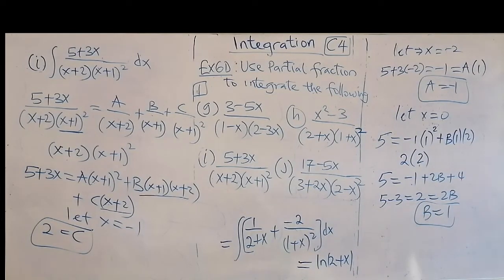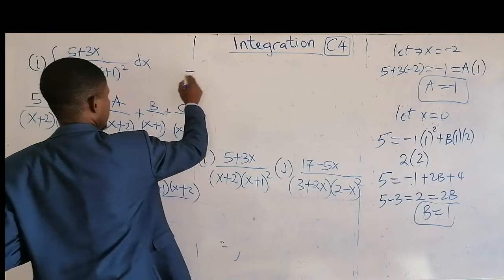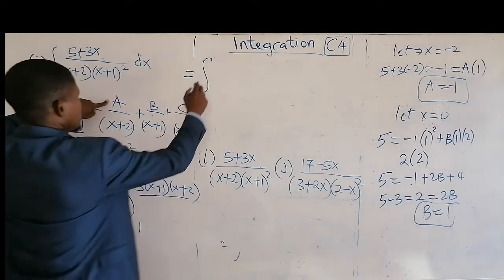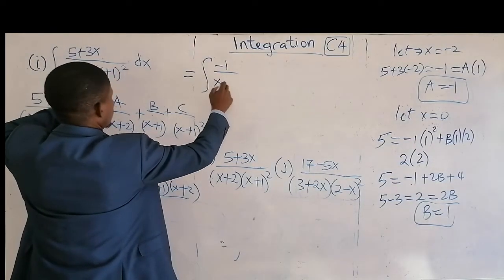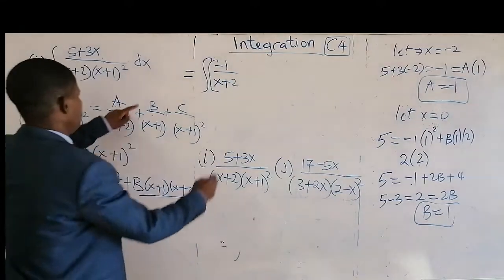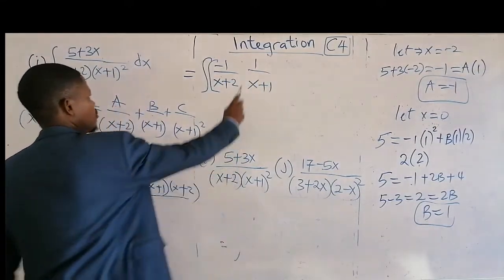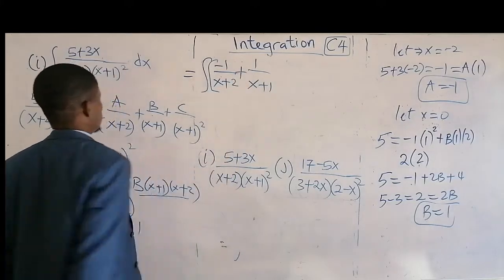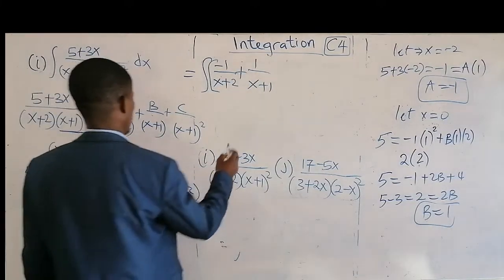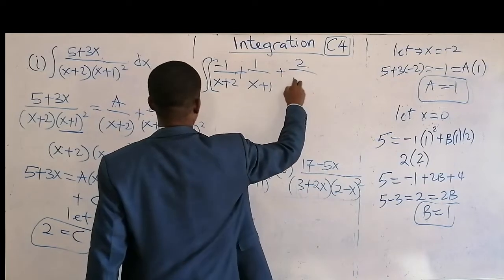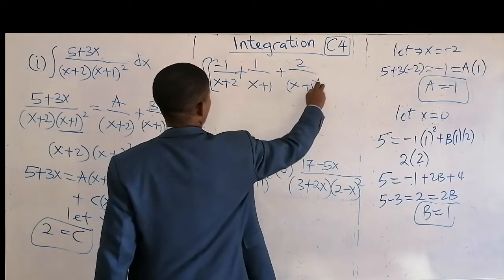B is 1. So we've gotten all the constants: we've gotten A, we've gotten B, and we've gotten C. So we now have the integral of A, which is minus 1 over x plus 2, B is 1, so 1 over x plus 1, then C is 2, plus 2 over (x plus 1) all squared.